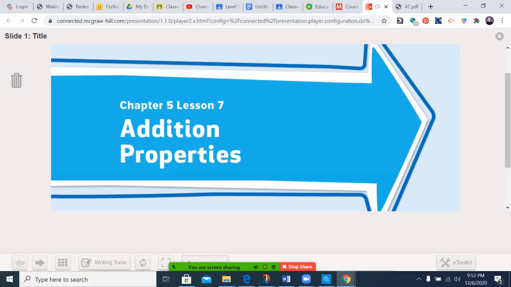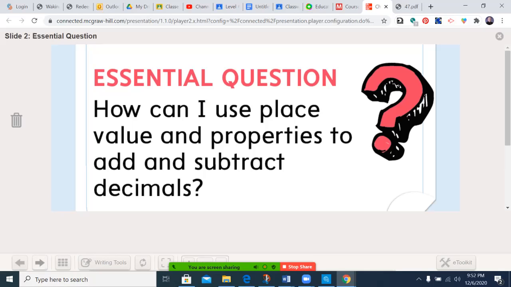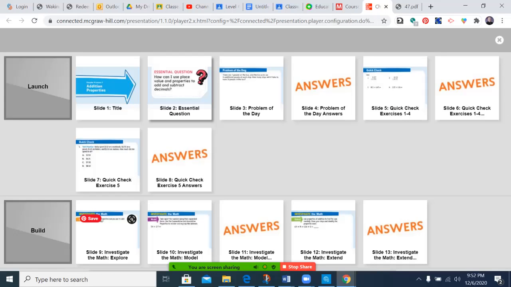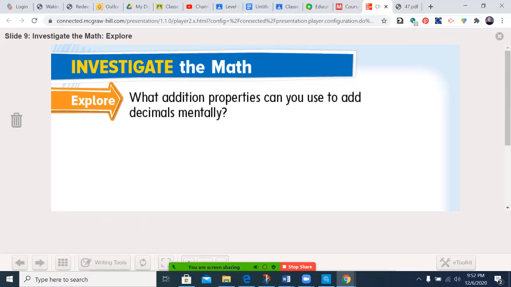The essential question this week is, how can I use place value and properties to add and subtract decimals? What addition properties can you use to add decimals mentally? Well, we know that we can use any one of our properties. We have the identity property of addition, which is different than the identity property of multiplication.